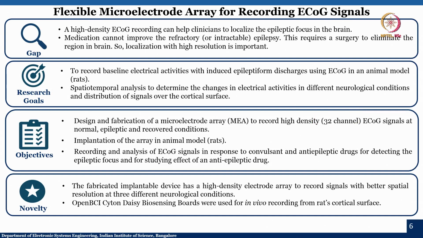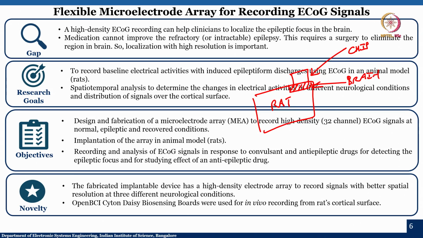Implementation of array in animal models, recording analysis of ECoG in response to convulsants and anti-epileptic drugs. So, what are we doing? Let us say you have a rat here and you have placed a chip inside the rat's brain. Assume that this is the rat's brain.